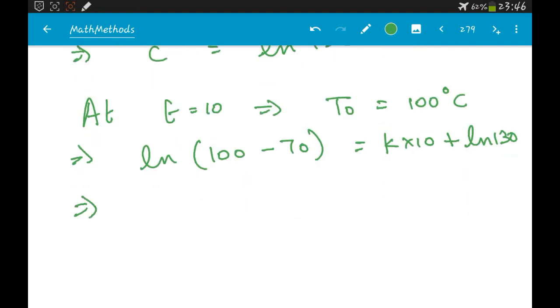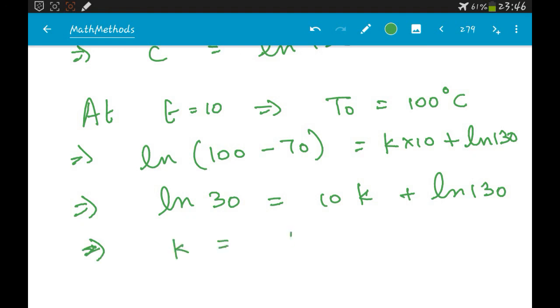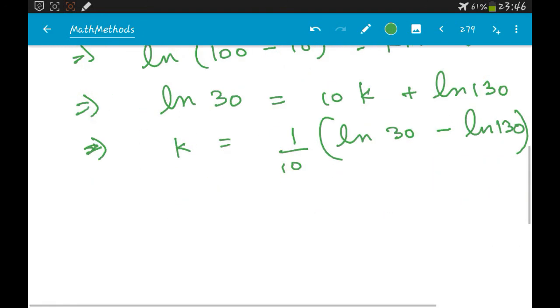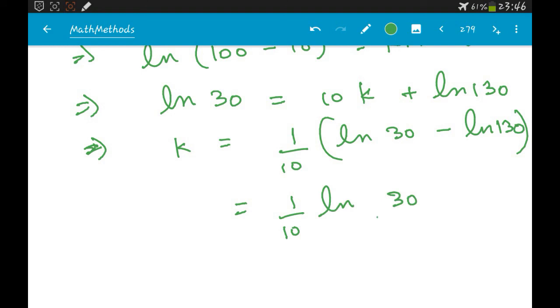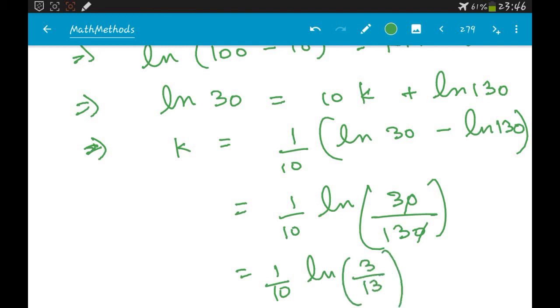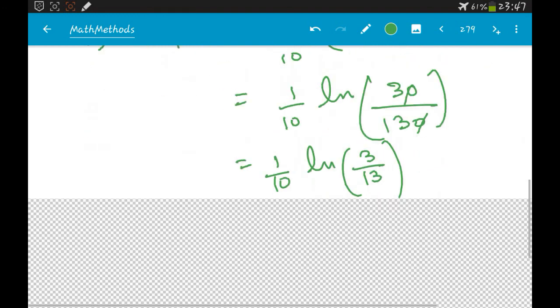So this is going to be ln 30 is equal to 10k plus ln 130. So k is going to be 1 by 10 into (ln 30 minus ln 130), which is 1 by 10 ln(30 by 130), which is 1 by 10 ln(3 by 13). So this is your k.